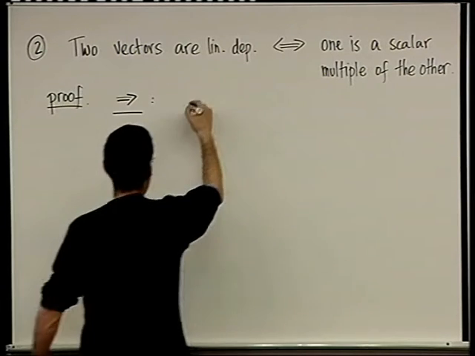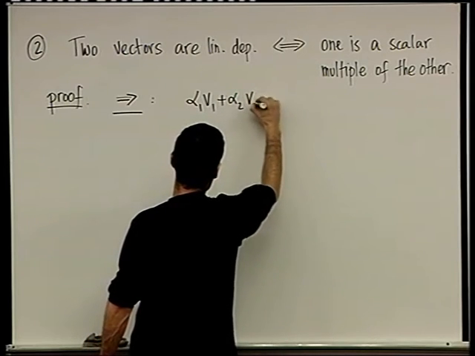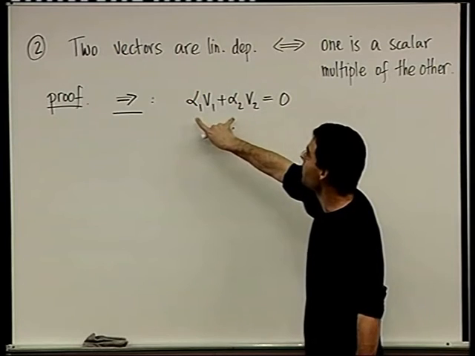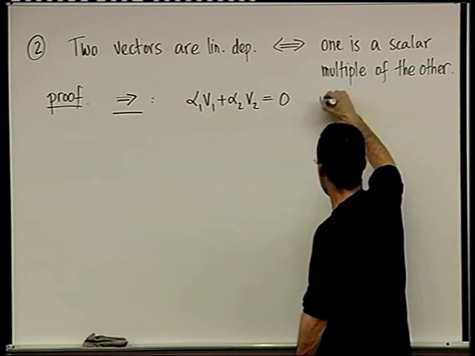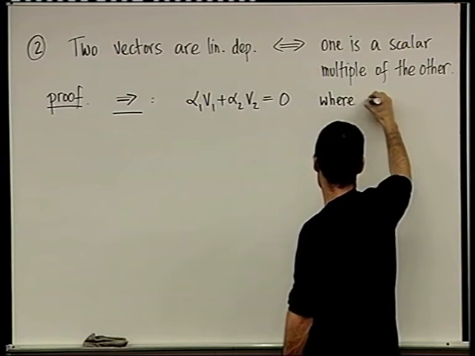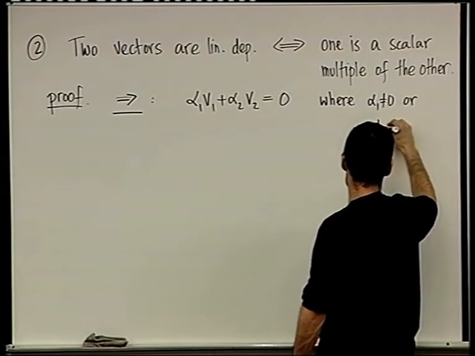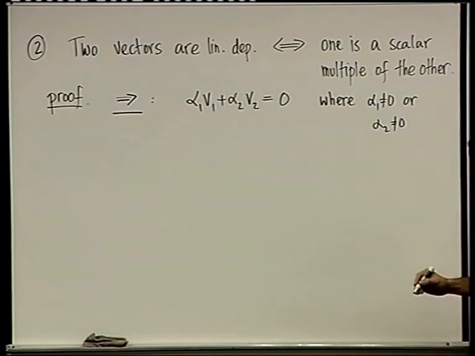It means that we can write alpha 1 v1 plus alpha 2 v2 equals 0, where not both alpha 1 and alpha 2 are 0 simultaneously. Okay? Where either alpha 1 is not 0 or alpha 2 is not 0, or both. Right? Do you agree that that's what it means to be linearly dependent?